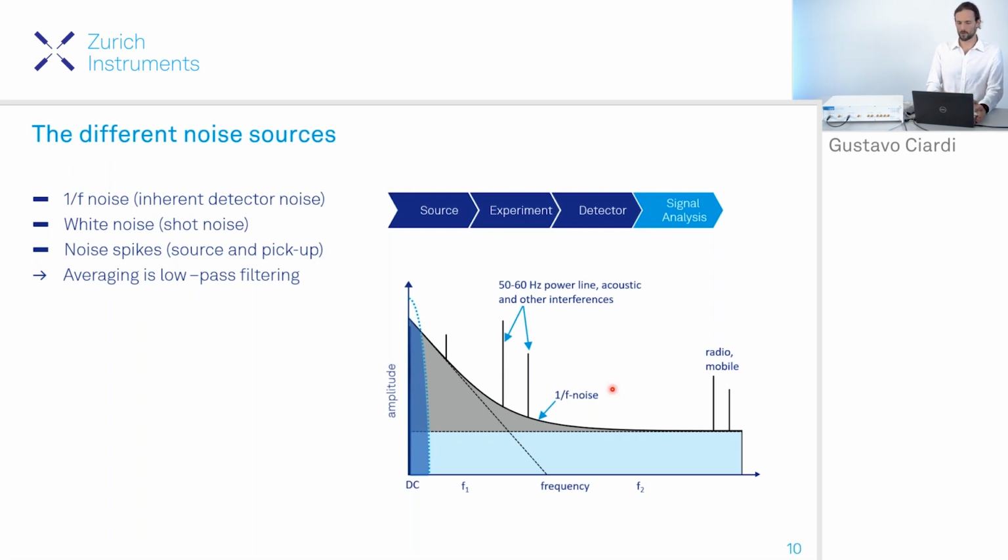Generally, the approach to reducing noise is averaging. Averaging is equivalent to low-pass filtering, so if we are averaging, we are low-pass filtering around DC. This means we are filtering our signal where the noise is the highest.